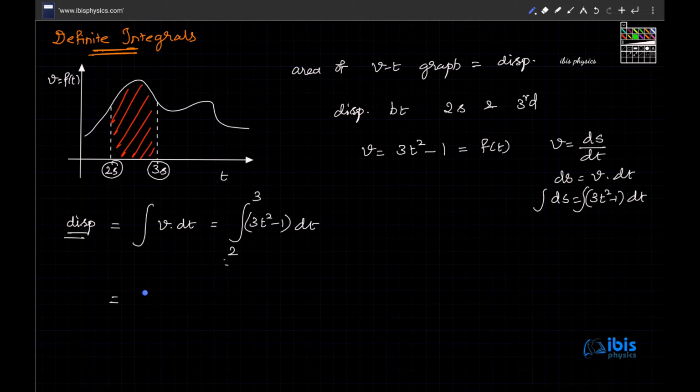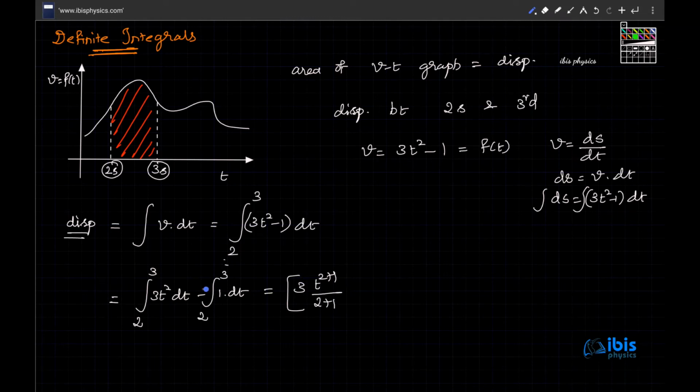Then the usual integration works. So integral 3t square dt minus integral 1 times dt, with limits 2 to 3 on both. You can also do it in one shot. So 3t square is 3 times t power 2 plus 1 divided by 2 plus 1. We have done it so many times.